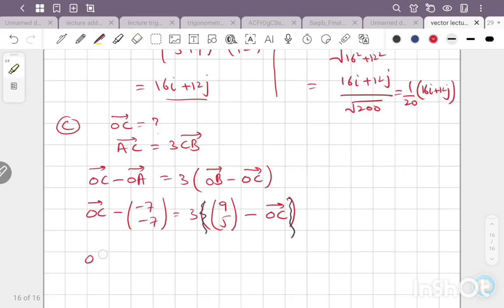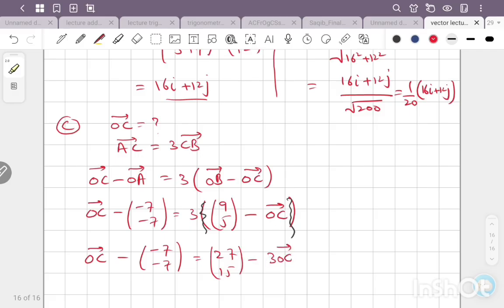OC, and this 3 will be multiplied by this one. Minus 7 equal to 3 and 9, it will be 27. 3 5s are 15, minus 3 OC.